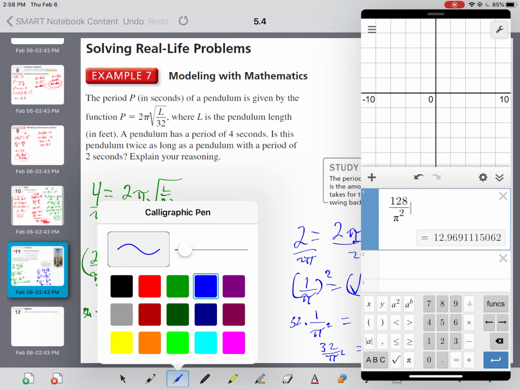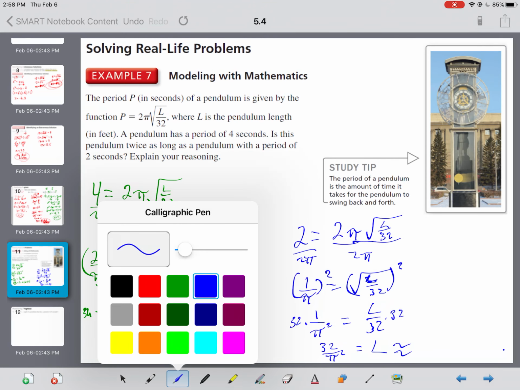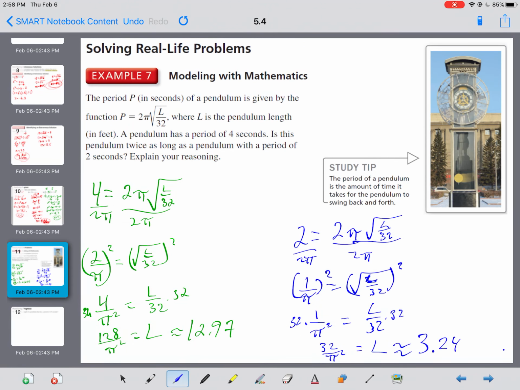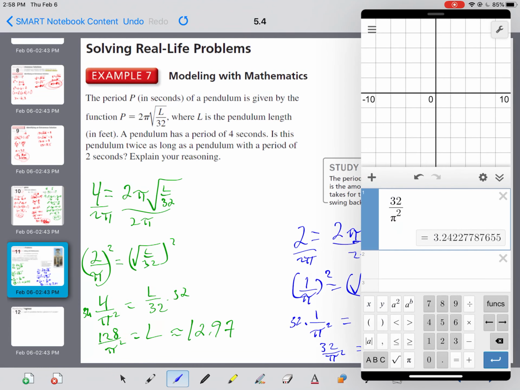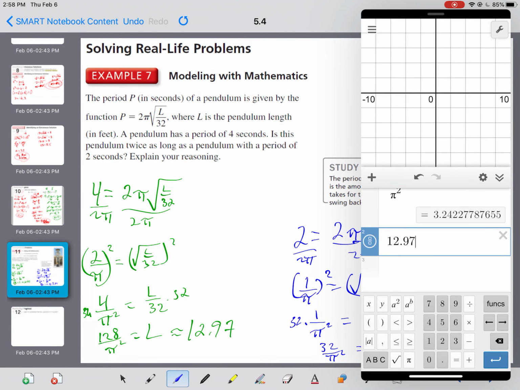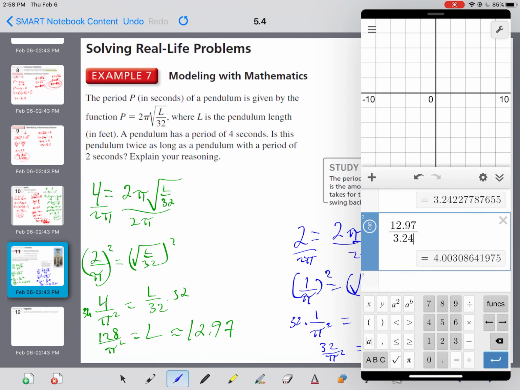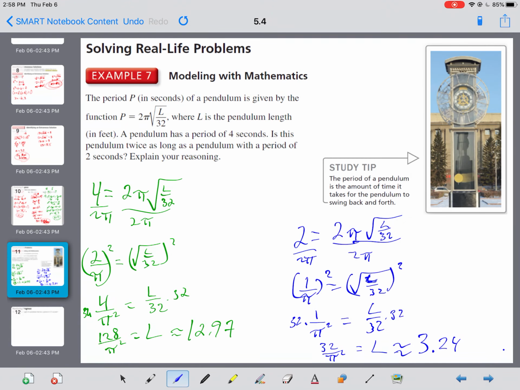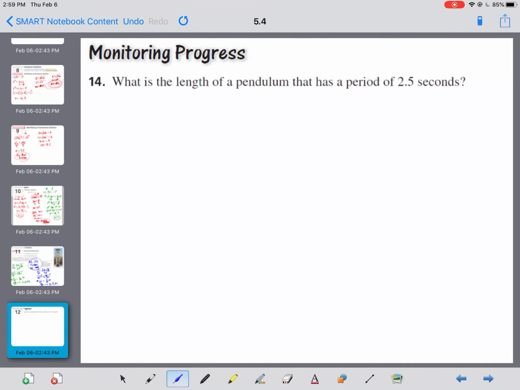And instead of 128, let's do 32. 3.24. Well, let's do 12.97 divided by 3.24 is about 4 times. So, no. It's 4 times as long. There you go. That's what it's like.